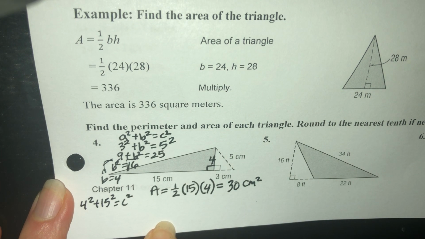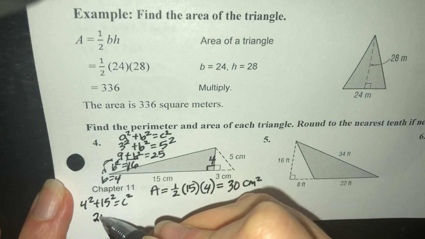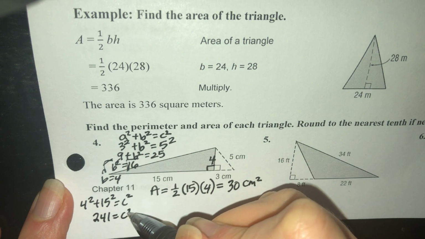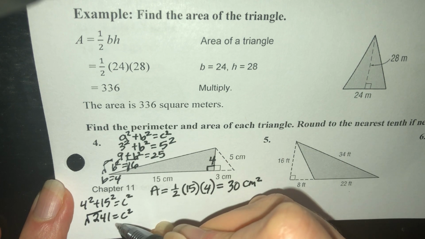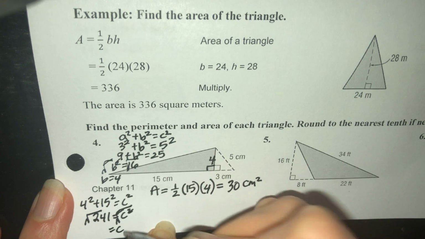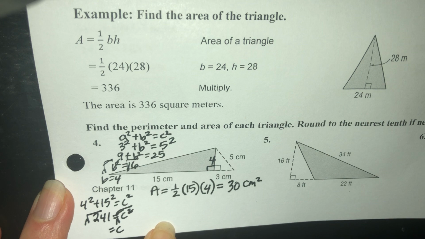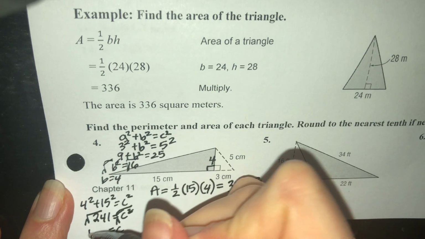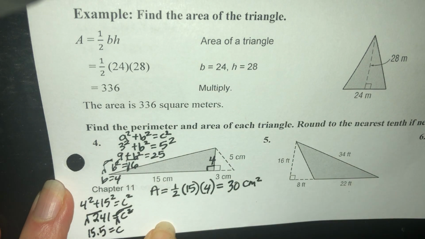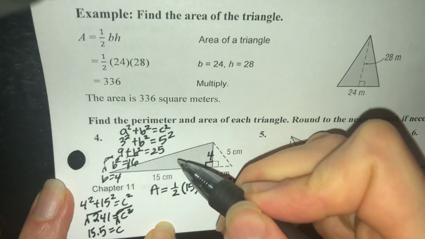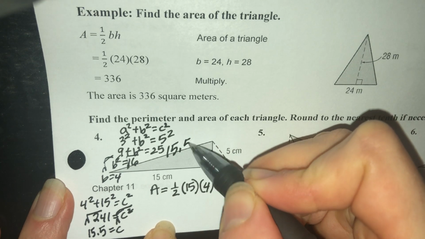And 4 squared plus 15 squared is 241. And then we take the square root on both sides to get c by itself. And the square root of 241 is 15.5. So this missing side is 15.5.